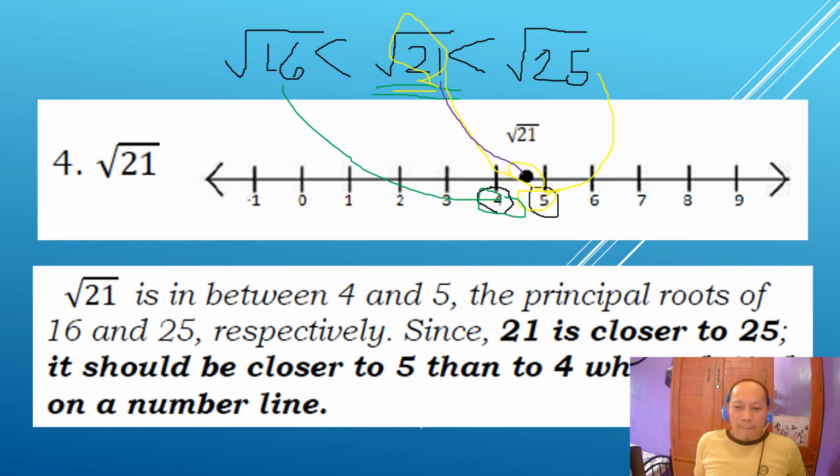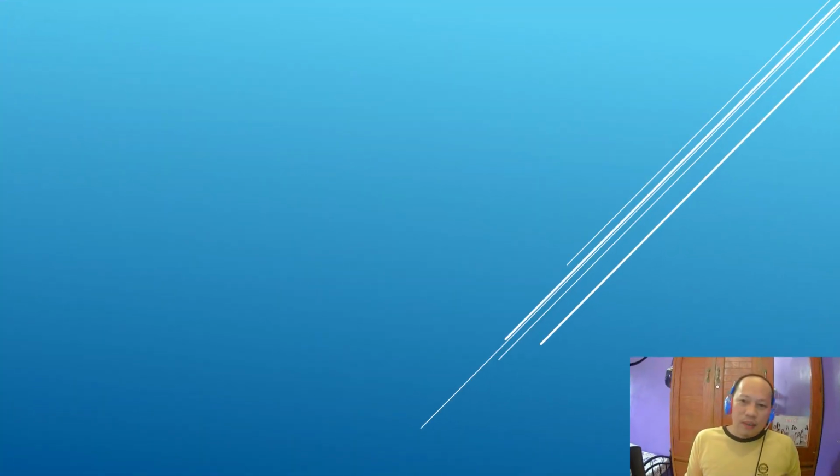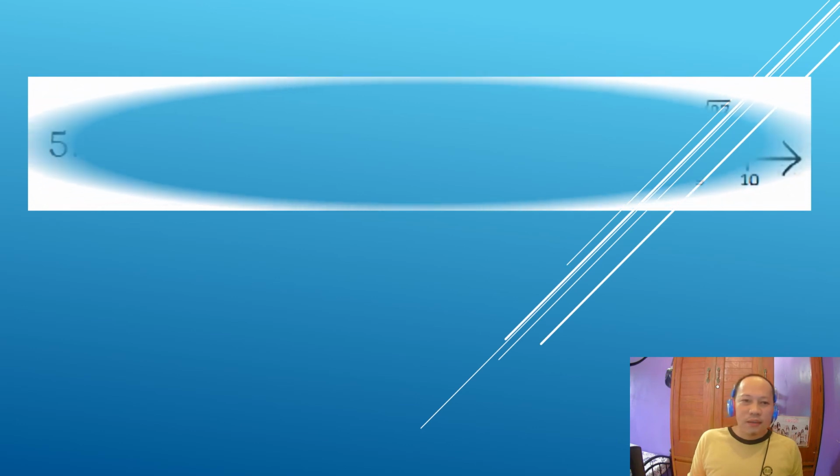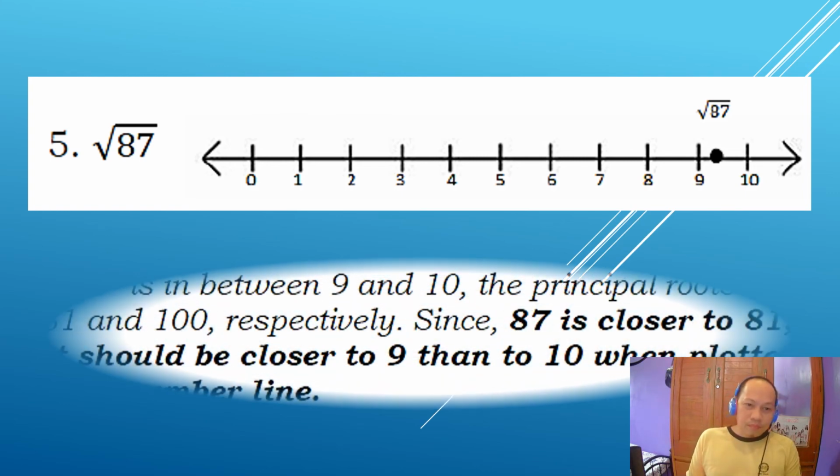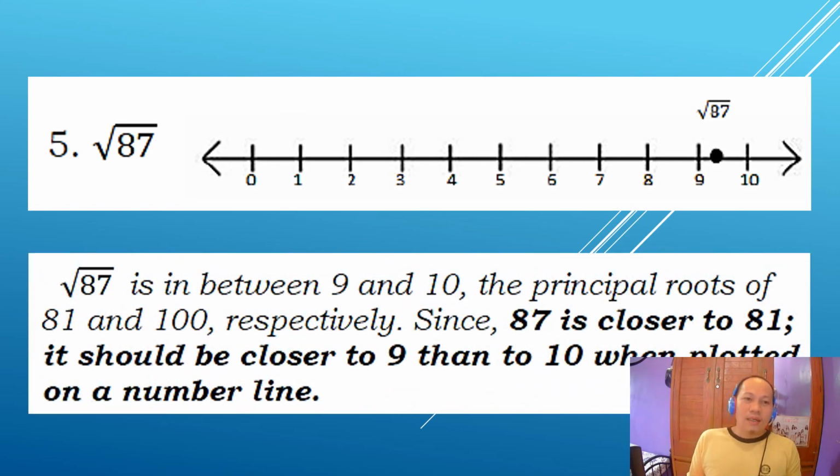Okay. So, let's have example number 5. Okay. Example number 5 natin ay that's a square root of 87. Okay, square root of 87, ano yung nasa kaliwa niya? So, nasa kaliwa ng square root of 87 ay square root of 81. Diba?